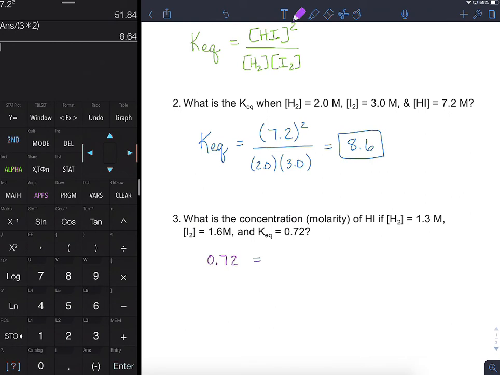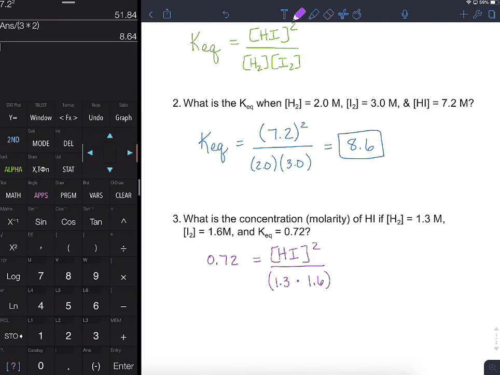We want to know what HI concentration would be. We know that is squared. And we know that the other 2 on the bottom are going to be 1.3 times 1.6.